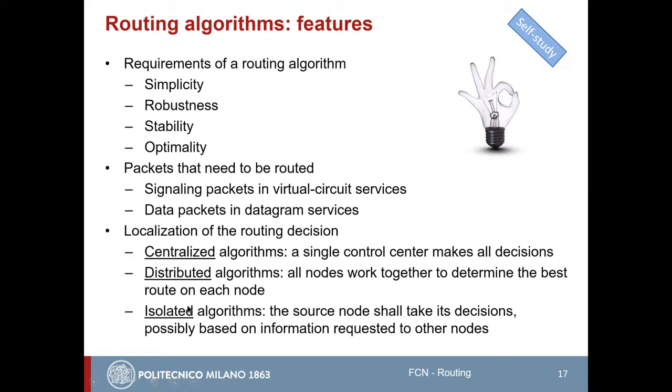So these algorithms are such that a single node is able to take all the routing decisions, at least for a certain portion of the path, or for all the path from the source to the destination.